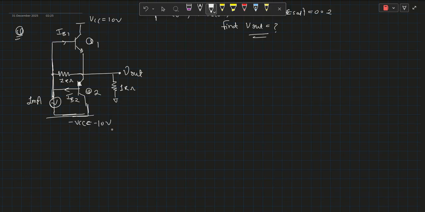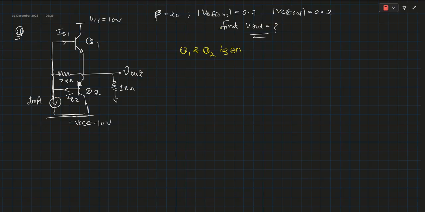So let's begin. First, we will assume Q1 and Q2 are on, and we are given VBE on for the NPN transistor, and this is our PNP transistor.